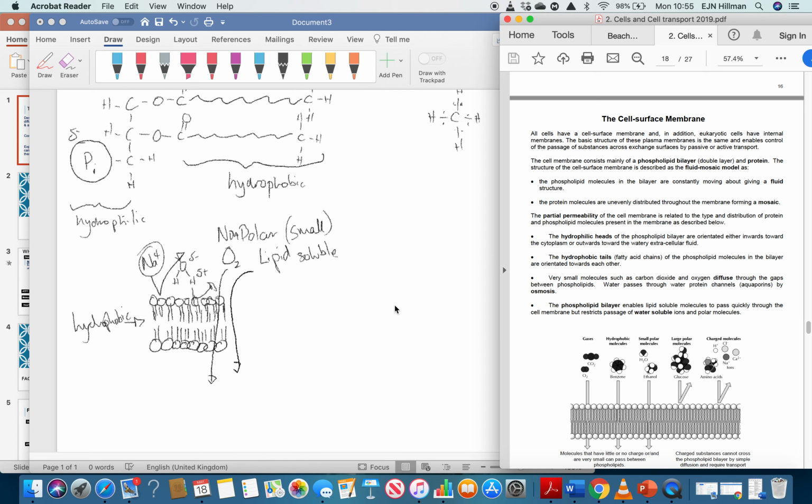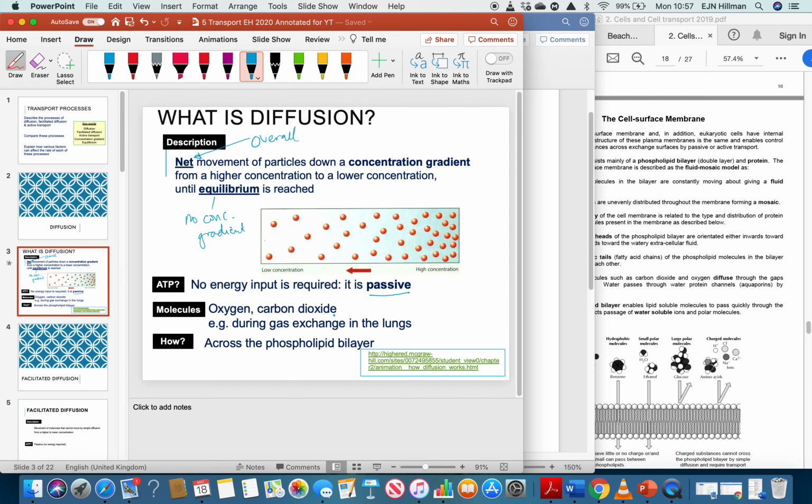Diffusion stops at equilibrium because the particles move back and forth, but there's no net movement. This is passive, which means that there's no energy required from the hydrolysis of ATP. The molecules that can do it are oxygen and carbon dioxide.